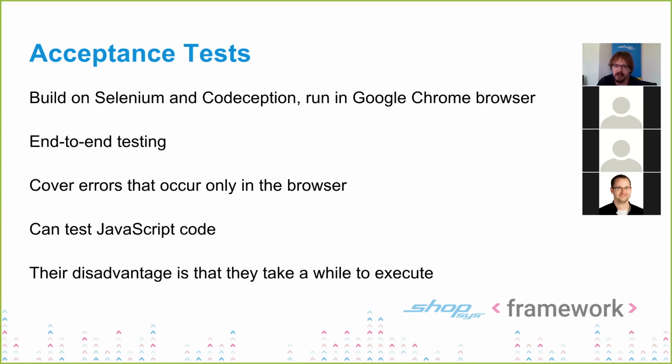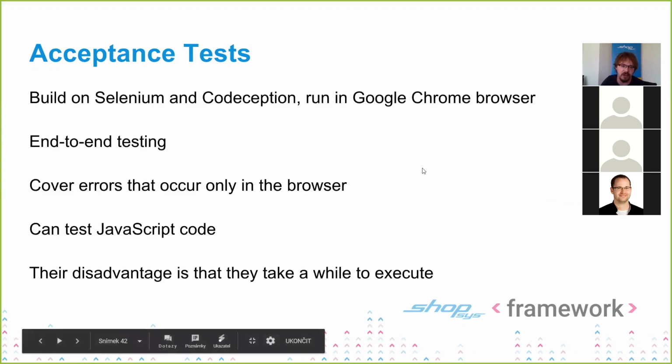This would mean that any user that wants to proceed to the checkout would be unable to do so, because he wouldn't be able to click on it. As with a real user, the acceptance test wouldn't be able to click on it either. So the test of order submitting, order creation would fail, and you would immediately see that there is a problem with it. The disadvantage is that they can take a while to execute.